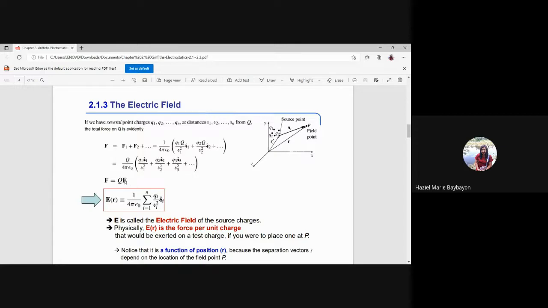So when you manipulate this equation, you can see that the electric field is the ratio of the force and the charge Q, the test charge Q. Okay, so it is force per unit charge. So if force has units of Newton, then electric field has units of newtons per coulomb. Okay?